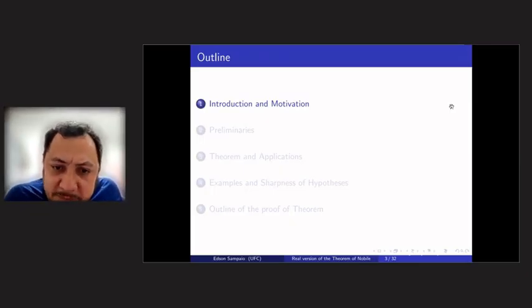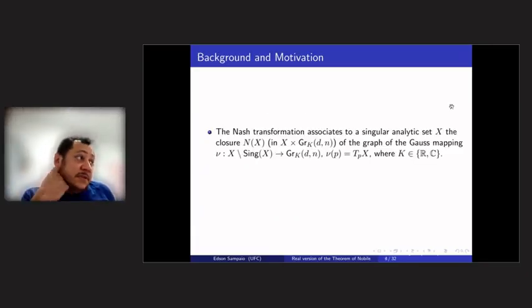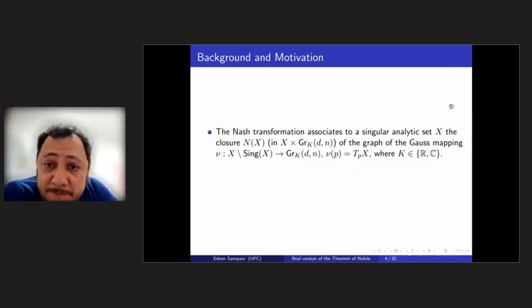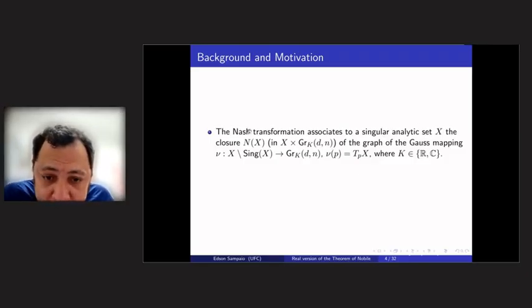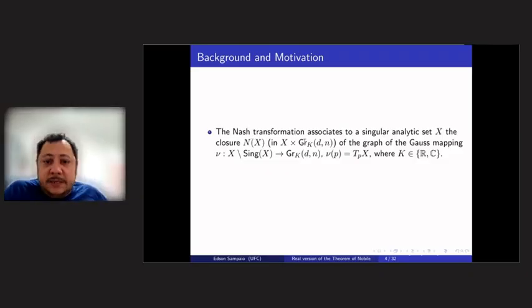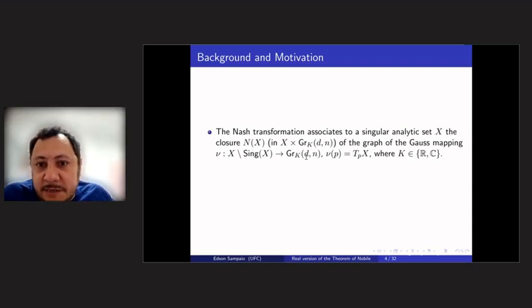I will give some motivation and some introduction about the theorem that I want to talk about. The main tool here is the Nash transformation, which associates to a singular analytic set X the closure, which I denote by ÑX, in X times the Grassmannian of d-spaces in K^n, where K can be R or C. The closure is the closure of the graph of the Gauss mapping, defined outside of the singularities of X, arriving in the Grassmannian.